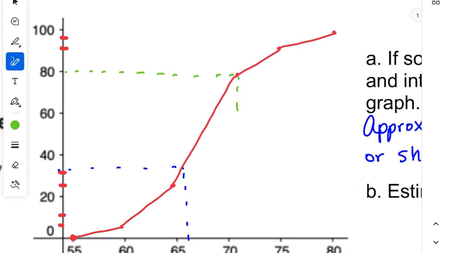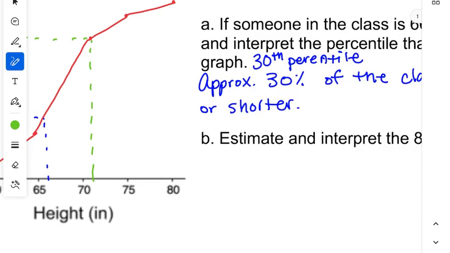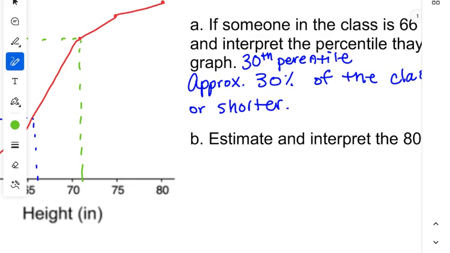And then, what did y'all get? 70? Yeah. Whenever I first did, I got 70. This time, it's like at 71. So as long as you're close to that. So it's about 70 inches.